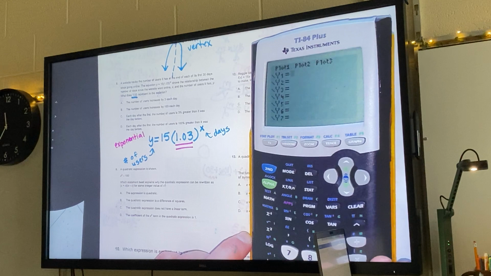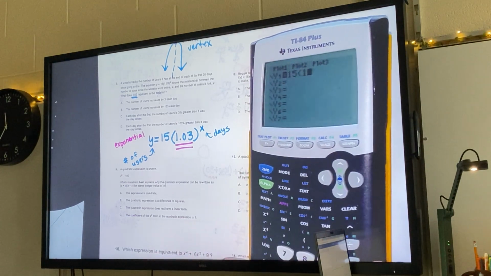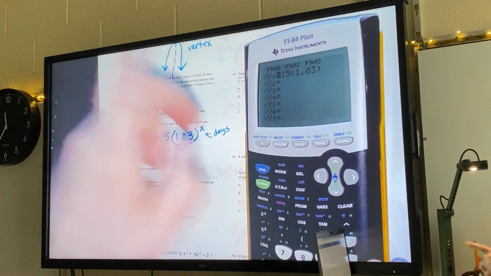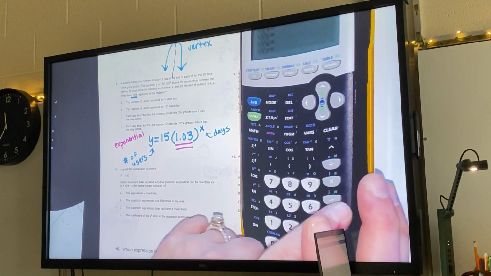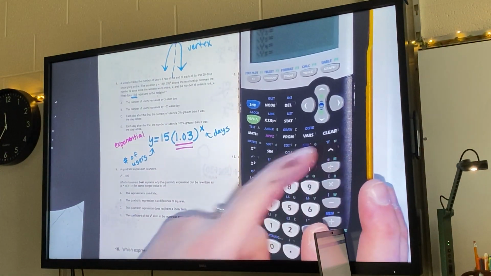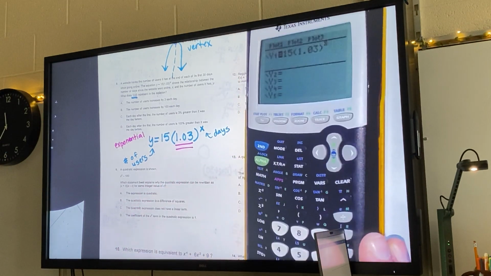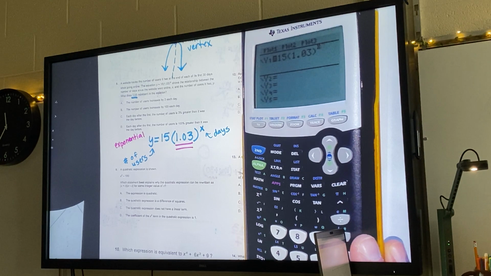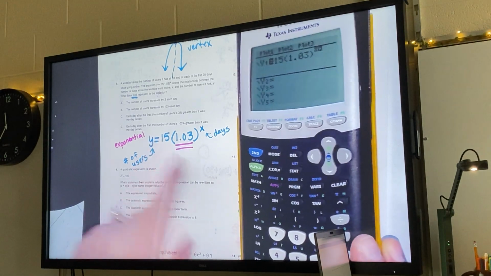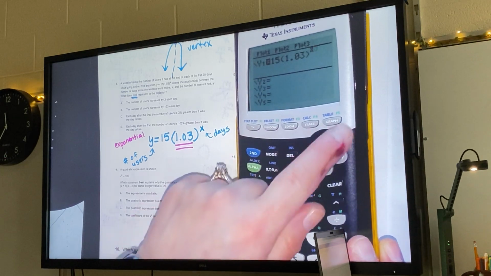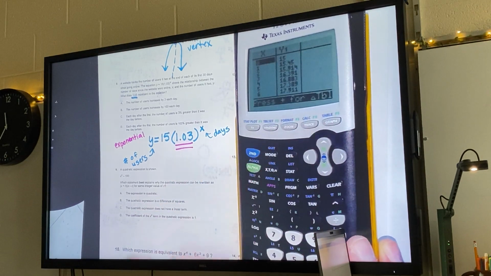So I'll type 15 parenthesis 1.03, and then to go up to do an exponent, we hit the caret button, and then we'll pick x. This is my x button. And if I want to look at the table, see how it says table in blue? We hit the blue button and then hit graph.